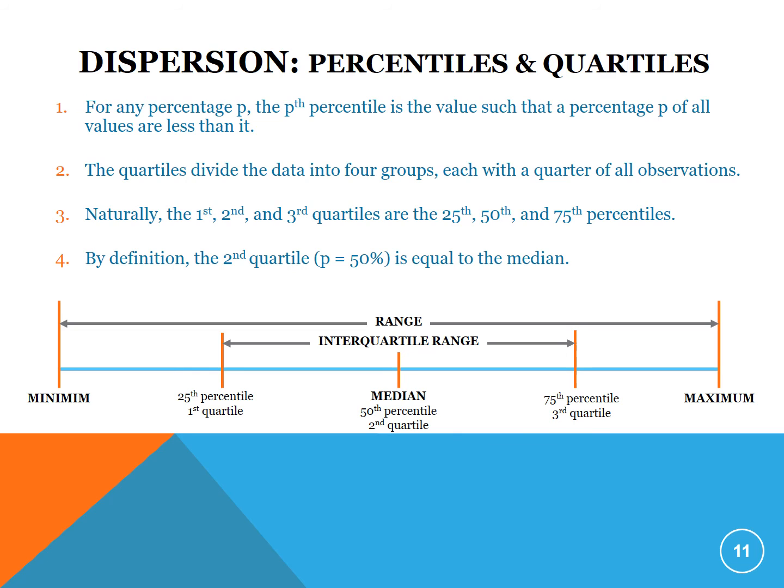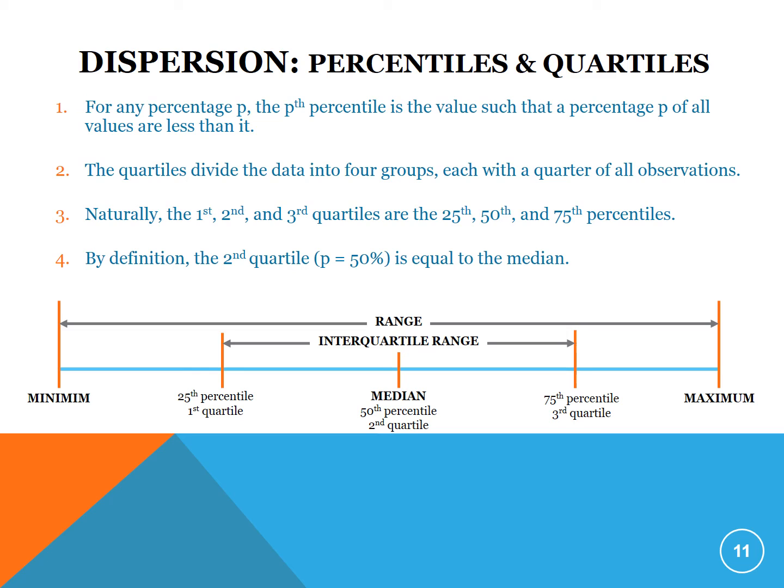That's super awesome, because all values such that the percentage P of all values are less than it. So if you're at the 97th percentile, you made a higher score than everybody below that percentile, which is awesome. So you did very well on that exam.